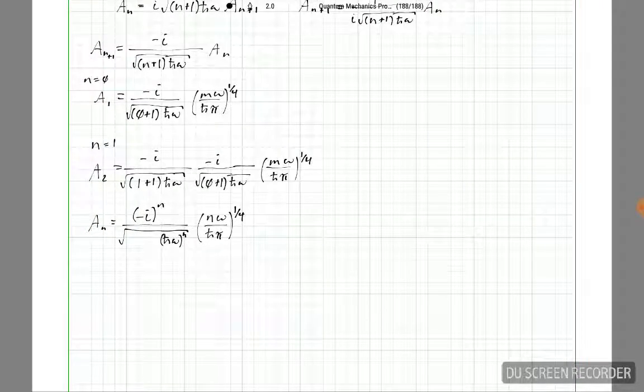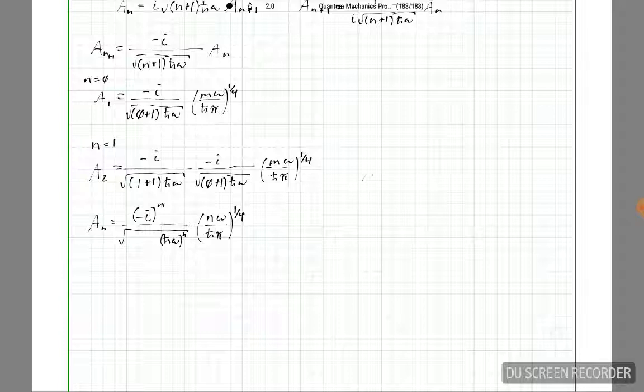Then here I have 0 plus 1, and then 1 plus 1. So if I have n equals 2, I have n times n minus 1.